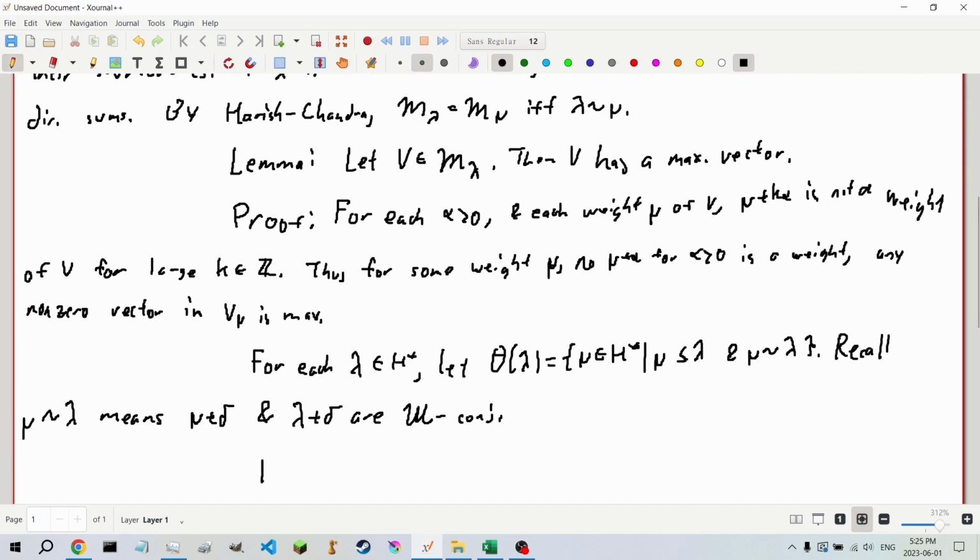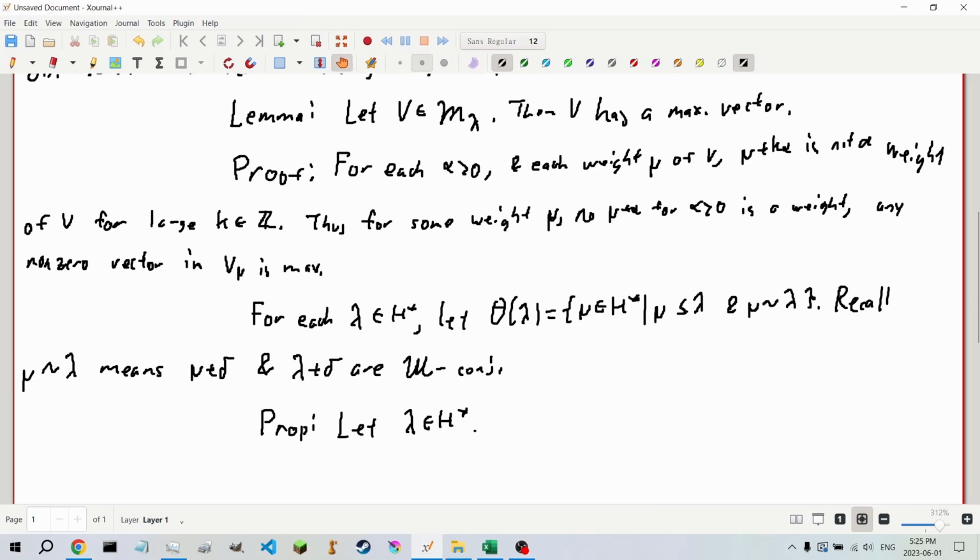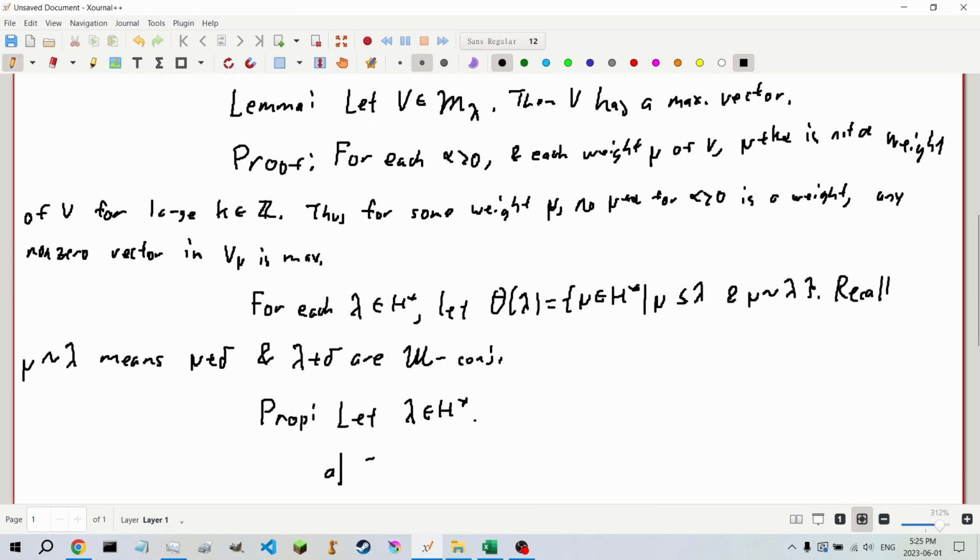So proposition, our setup is lambda in h star. Part A: Z lambda has a composition series.